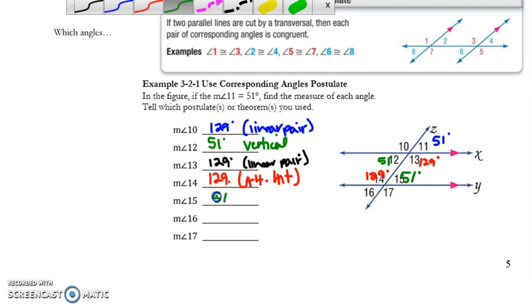or we could use a lot of relationships as we get to more. I don't know if we're continuing to relate it back to our angle 11, but we'll do it on this one, corresponding. Okay. And then 16. 16 in relationship to angle 11 is 51 because those are alternate exterior.